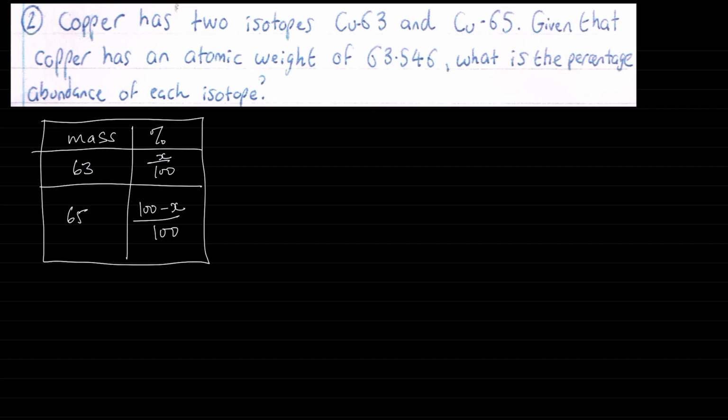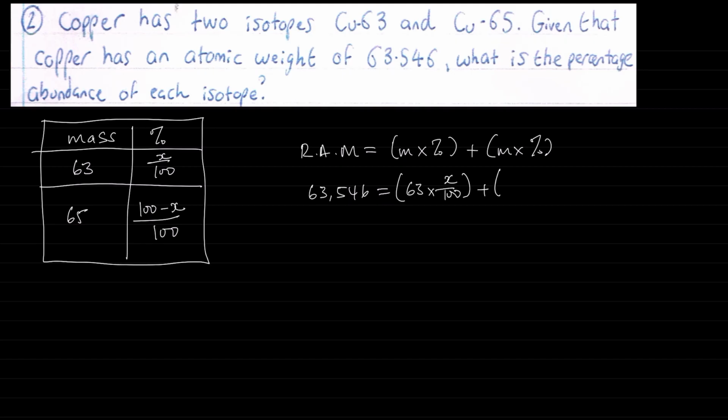Now we've been given the relative atomic mass, so let's use our formula. Relative atomic mass is equal to the mass times the percentage plus the mass times the percentage. 63.546 is equal to 63 times x over 100 plus 65 times 100 minus x over 100.